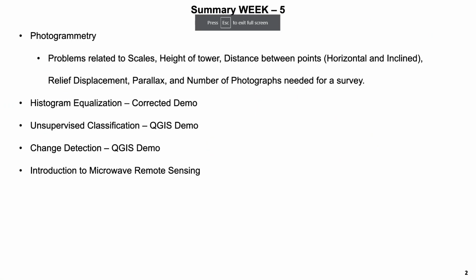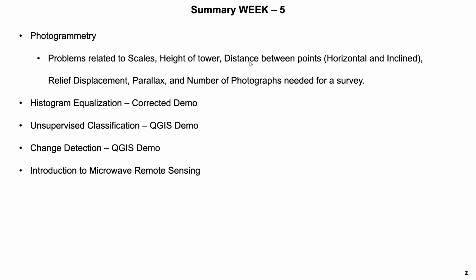Okay, in the last week session, I solved several problems related to the photogrammetry. So, problems related to scales, how to find the height of the tower by using the concept of relief displacement.